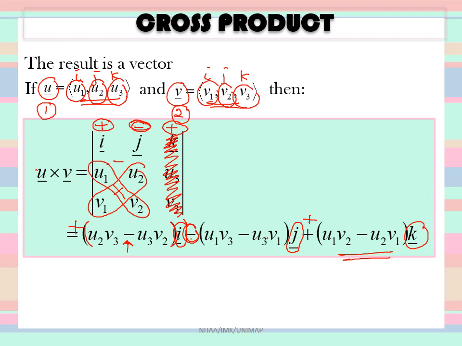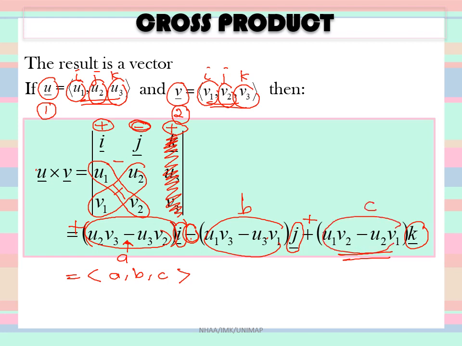Okay, so you get component K. Or you can write this in vector form A, B, C, where your A is this, is your B, and this is your C.